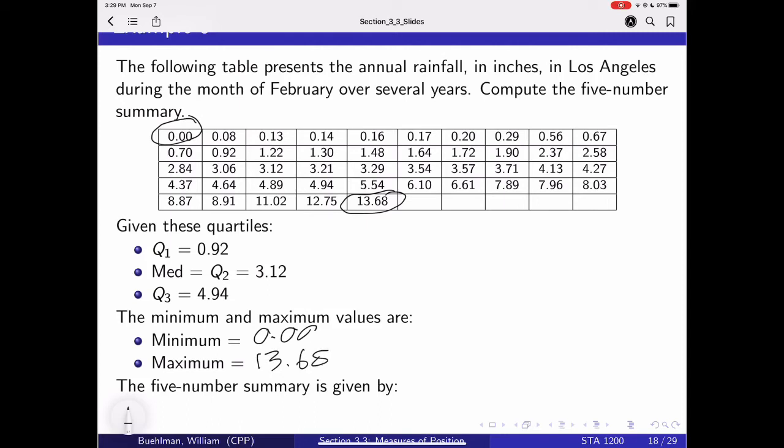So our 5-number summary is going to be the minimum 0.00, comma Q1, which is 0.92, comma the median, which is 3.12, comma Q3, which is 4.94, comma the maximum, which is 13.68. So that is our 5-number summary for this Los Angeles rainfall data set.